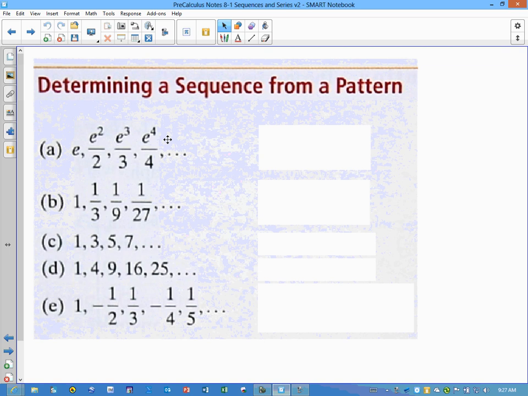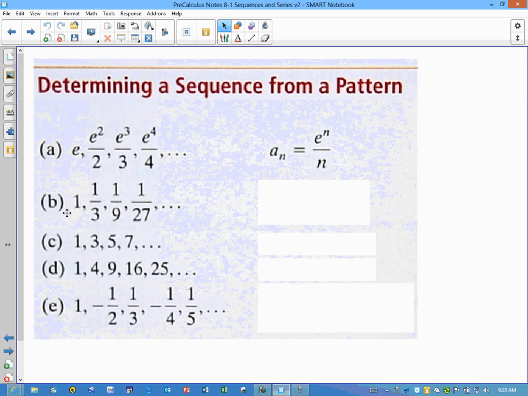So in general, you're going to have e to the n. So in the first term, it's e to the 1 when n is 1, when n is 2, when n is 3, etc. So in the numerator, we're going to have e to the n. And in the denominator, you have 1, 2, 3, 4, which is just n itself. So hopefully the first one was easy enough for you, where a sub n, the general term, is going to be e to the n divided by n.